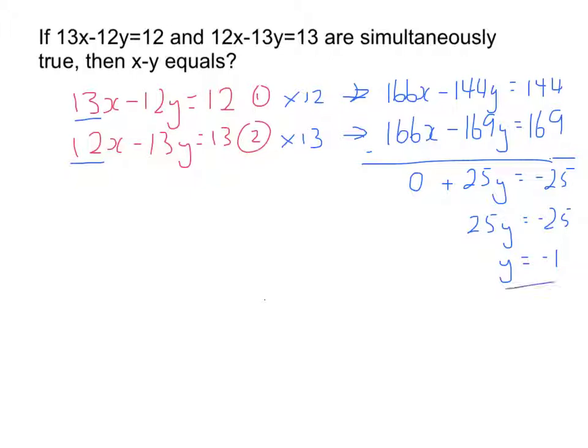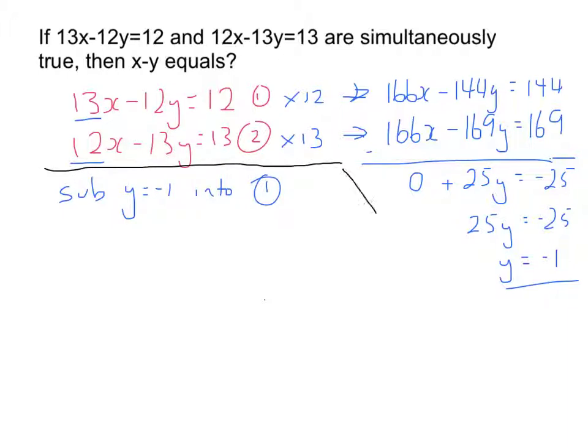Now I want to take this and substitute that. So substitute y equals negative 1 into equation 1. I might just put a little box around that so we don't get too confused, as a separate bit of working out.